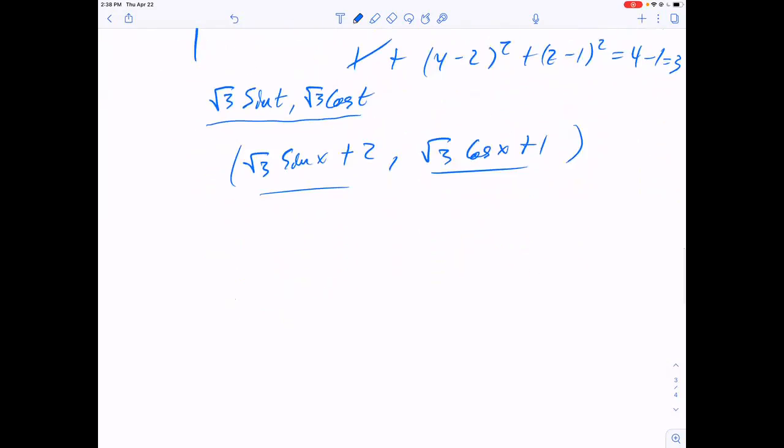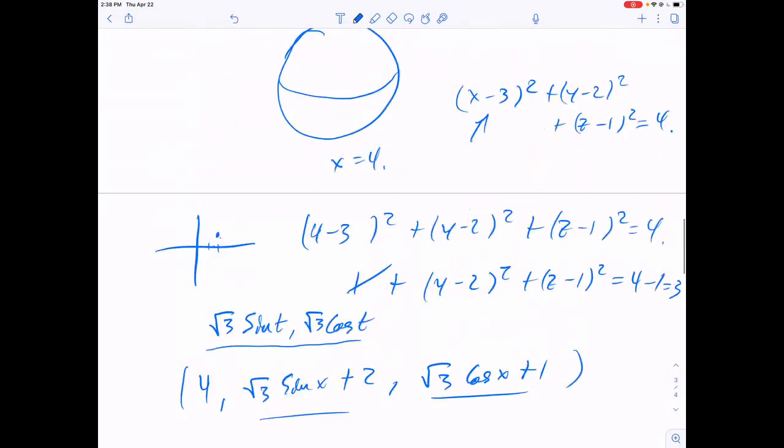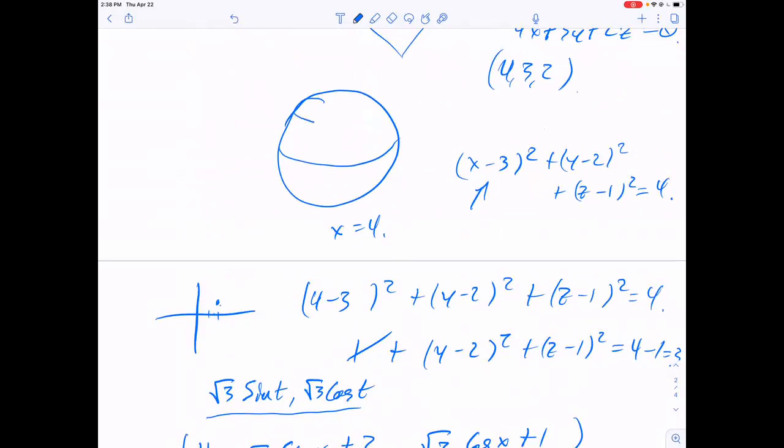And so as a sanity check, let's plug it back in. Oh, and of course, x is going to be equal to 4, okay? Because we just declare x to be 4 because we want the circle on which x is always 4, okay?